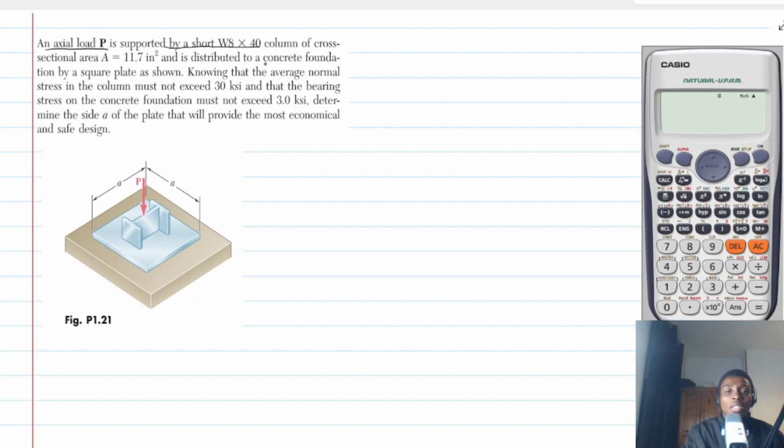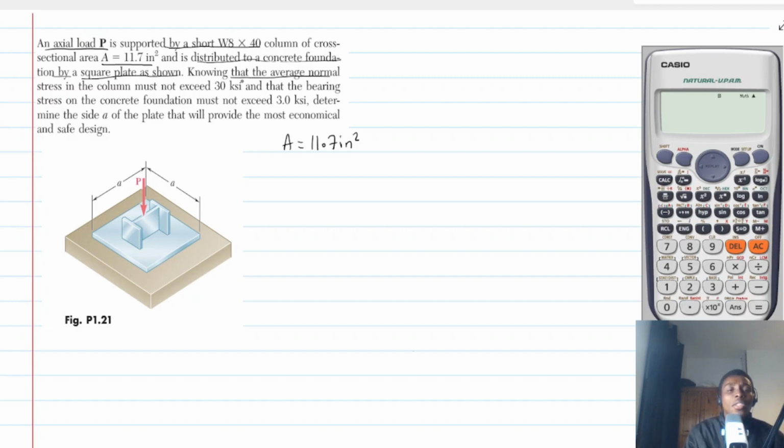This column has a cross-sectional area A given by 11.7 inch squared, and then it is distributed to a concrete foundation by a square plate. Okay, so this is the square plate here.